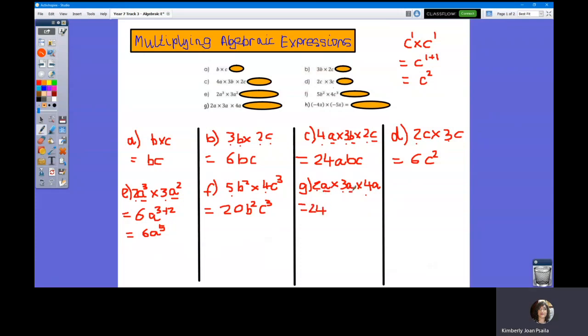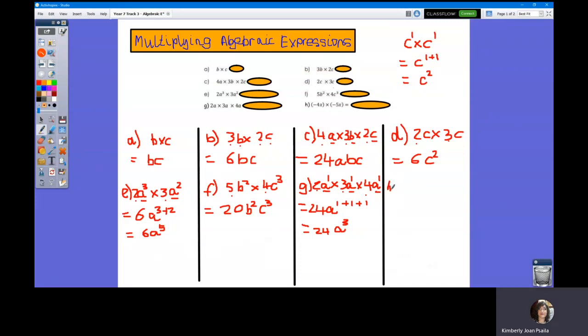Now I notice that I have 3 of the same variables, a times a times a. So I should add the indices there, their powers. There is an invisible 1 there, so I need to add 1 plus 1 plus 1. Final answer should be 24a cubed.